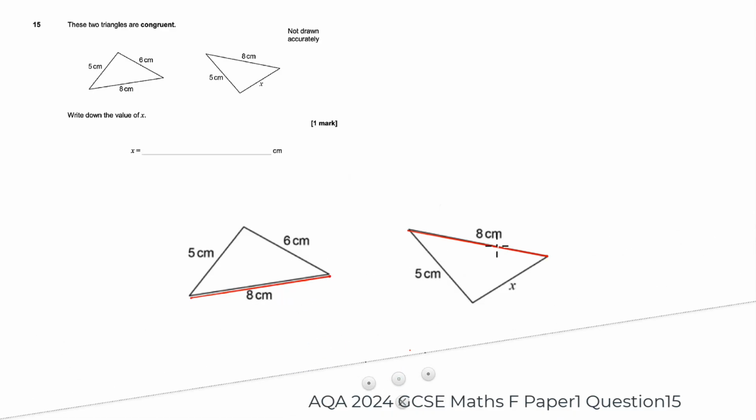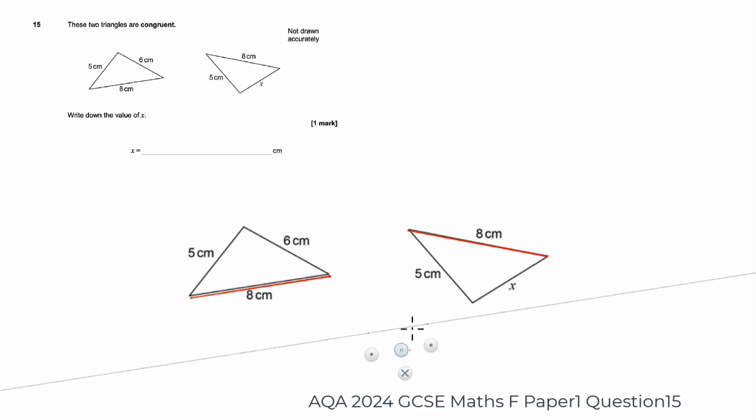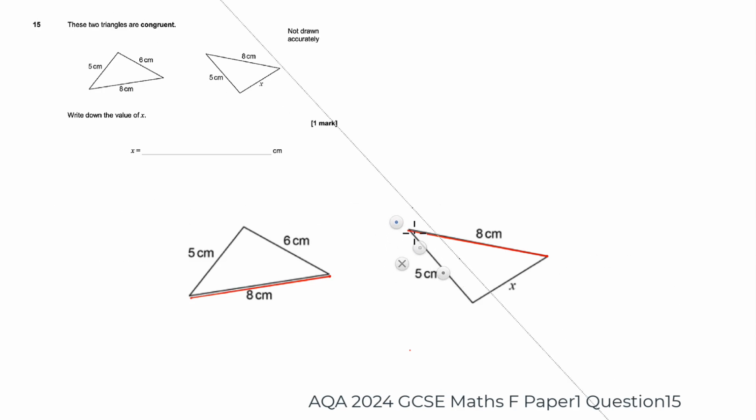Let's now look at the 5 centimetre side, and let's call it the green side. When that triangle's picked up, that 5 centimetre side would have to fit exactly on this other 5 centimetre side.